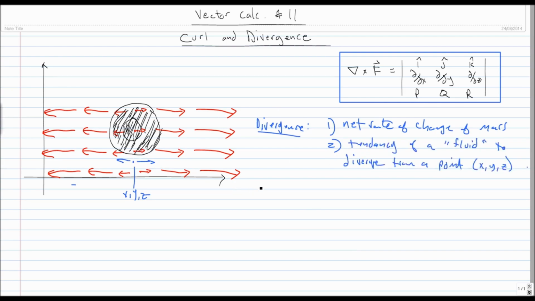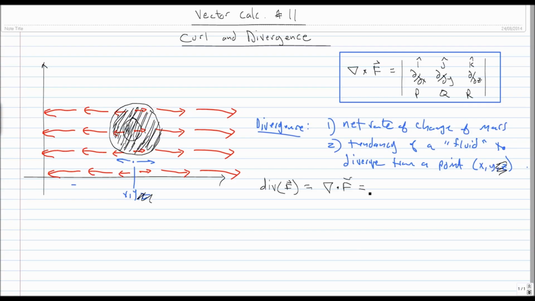So if you were to calculate divergence, sometimes divergence is written like this: div f, where in this case f doesn't have to be a three-dimensional vector field. I could have just said the point x, y, and left out this z term. It doesn't necessarily have to be three-dimensional, as with curl, but for divergence it doesn't matter. So divergence is the dot product of this del operator with your vector field.